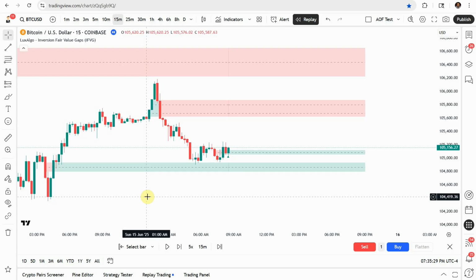And so that's basically when a fair value gap is formed, and you can think of a fair value gap in the loosest sense as a zone, an area kind of like support and resistance, where it creates this kind of block. And when price inverses that block, so for example, there are bearish fair value gaps and bullish fair value gaps.